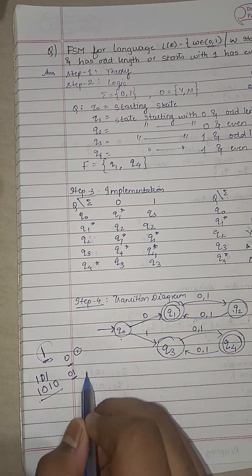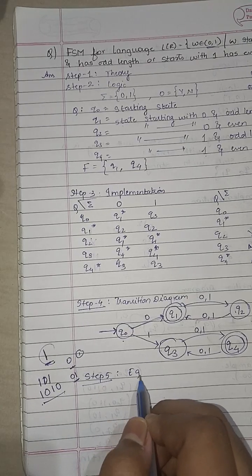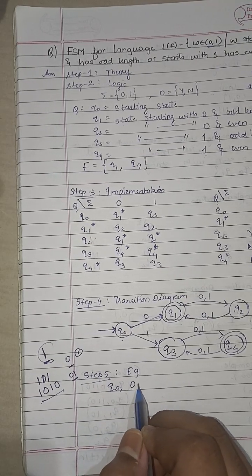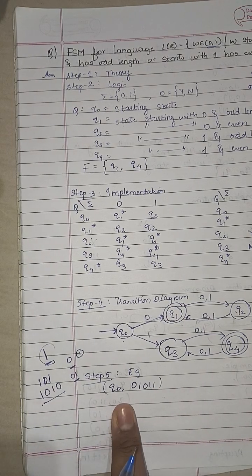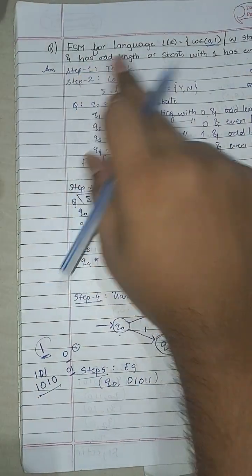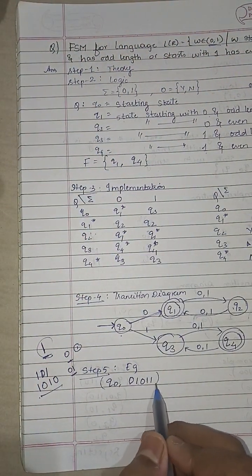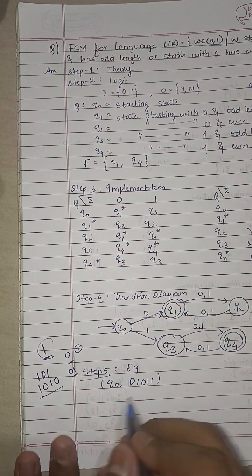Now let's take an example: Q0, 0, 1, 0, 1, 1. Now see, it starts with 0. What our question said is, if it starts with 0, it must have an odd length. So it is odd length: 1, 2, 3, 4, 5. Yes, it is an odd length, means the FSM must accept.